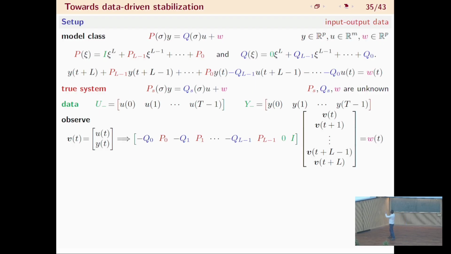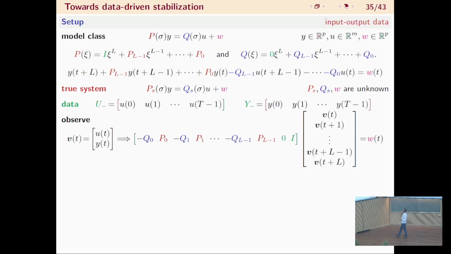If I multiply this vector by this matrix, then I'm going to get the left-hand side here. Because minus Q0 is going to multiply U of t, P0 is going to multiply Y of t, minus Q1 is going to multiply U(t+1), and so on. And this is just a way of writing the left-hand side here in a more compact way.